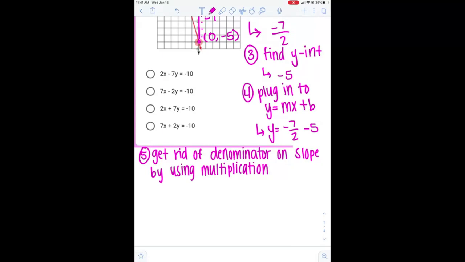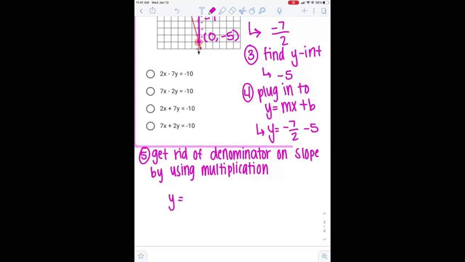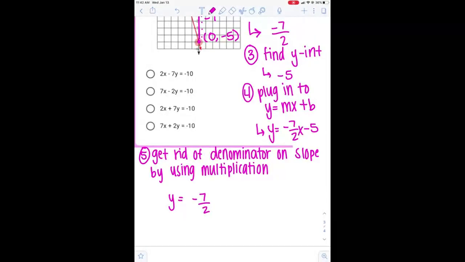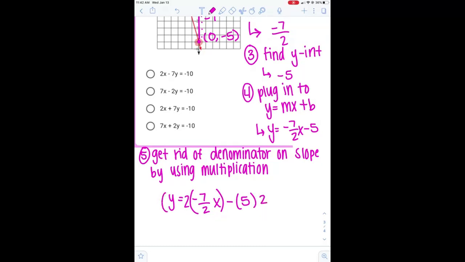So I'm going to rewrite my equation down here, and I'm going to multiply every single thing by 2. So I'm going to multiply y by 2, -7 over 2 by 2, and -5 by 2. I'm going to multiply every single thing by 2. And that's because we have to keep the equation balanced, and that's the only way we can do that.